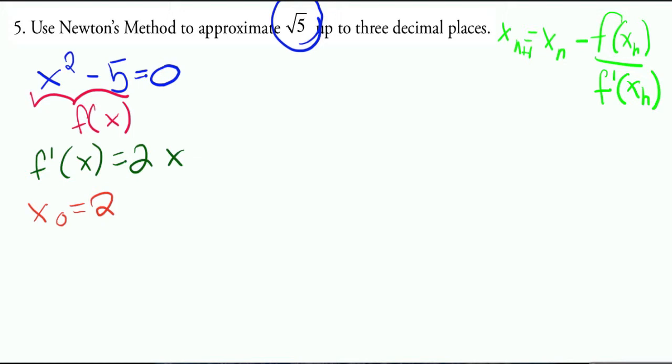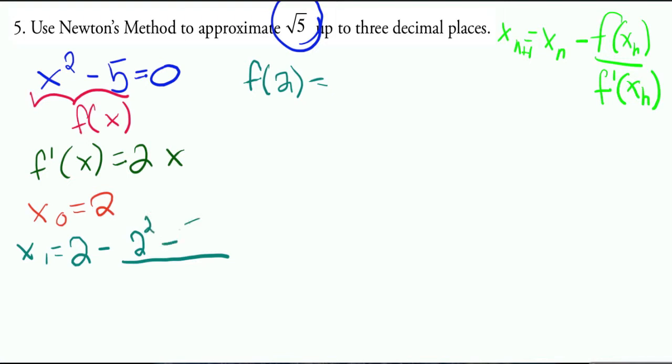So here x sub 1 is equal to the previous, x sub 0, which is 2, minus f of x sub 0, so f of 2. So this is 2 squared minus 5 over f prime of 2, so 2 times 2.